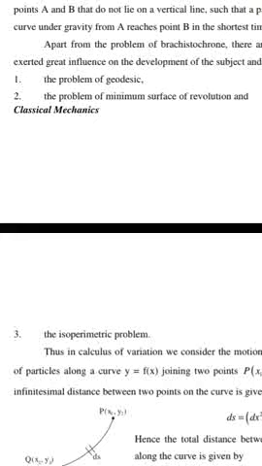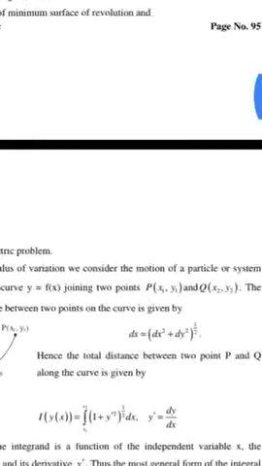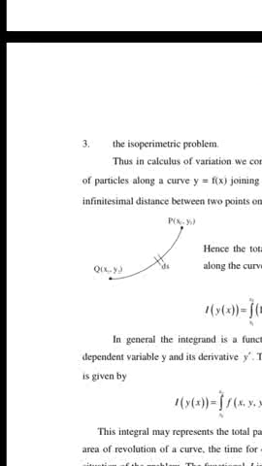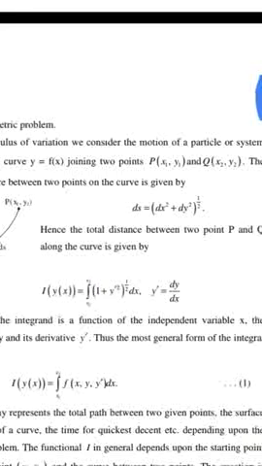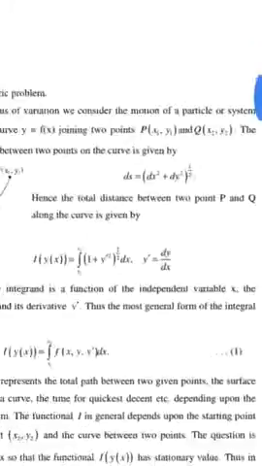Thus, in calculus of variation, we consider the motion of a particle or system of particles between 2 points along a curve y is equal to f of x, that is 2 points P of x1 y1 and Q of x2 y2.